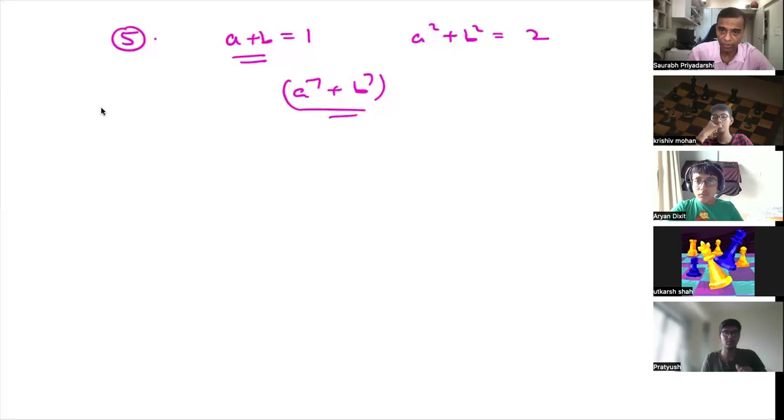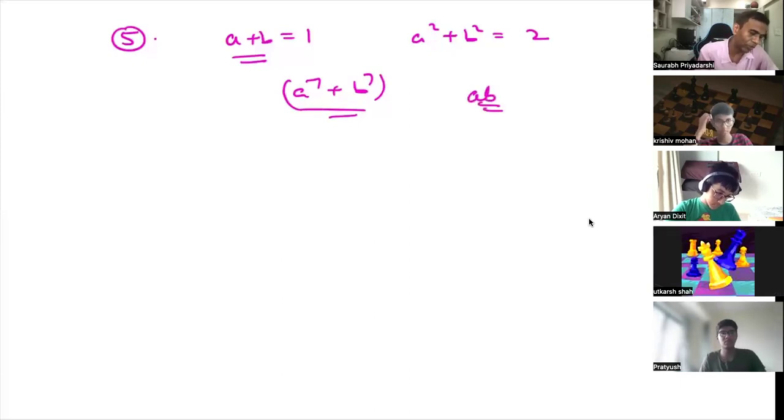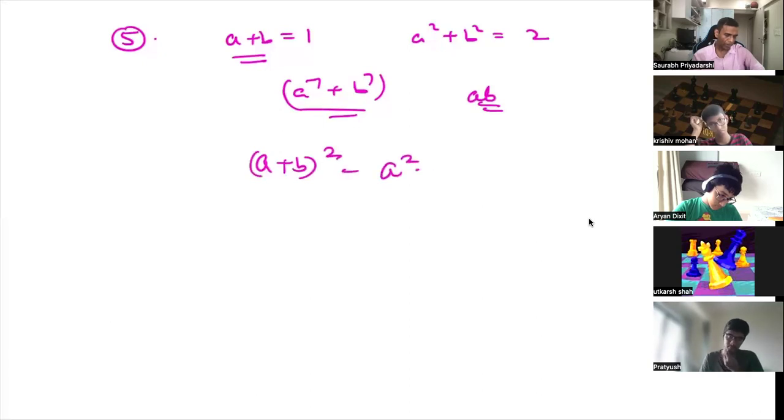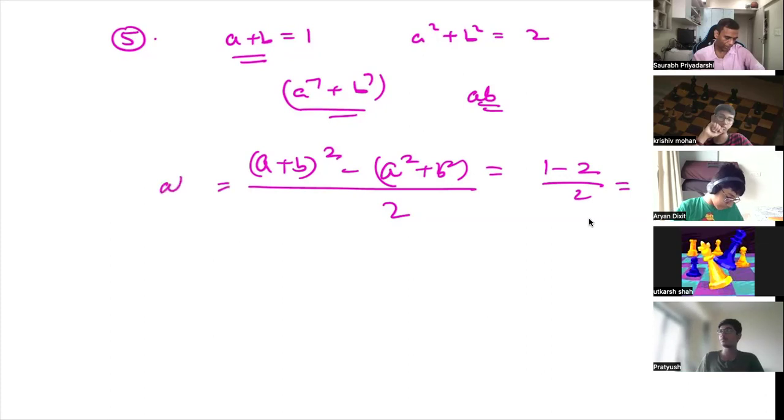Everyone solved this with different methods, and it was an impressive solution. If I'm able to find ab also, a plus b is given, so I can write (a plus b) the whole square minus (a square plus b square), divided by 2 is ab only. So this is (1 minus 2) by 2, which is minus half. This is my ab.